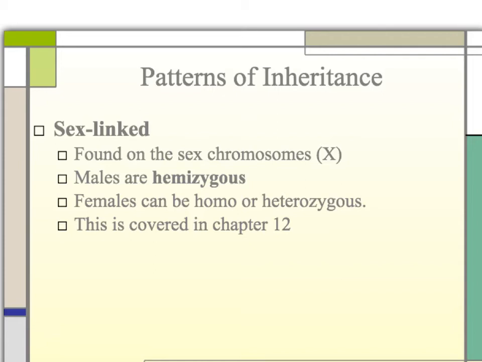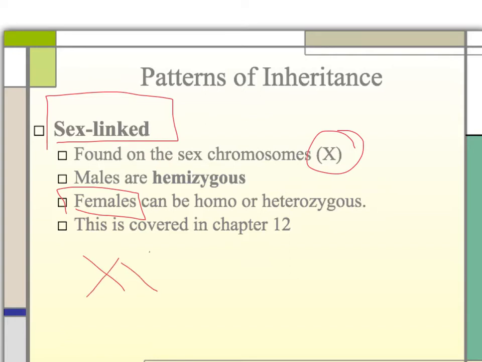Another type of inheritance pattern is called sex-linked, which is when the gene is located on the sex chromosomes. Generally speaking, it's on the X. Females have an advantage here because females have two X chromosomes and males only have one.